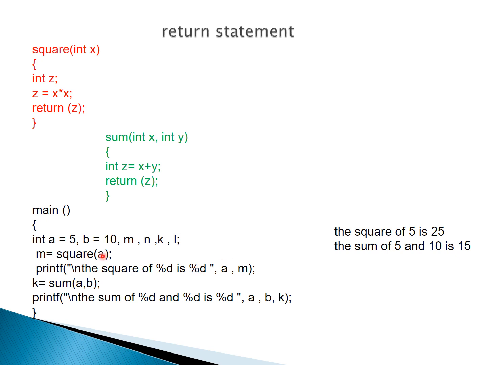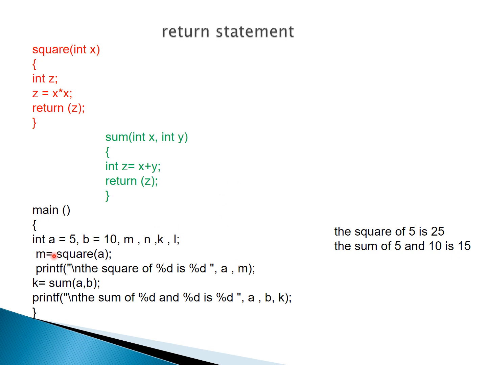You can see that this 5 is sent to the square function, and then the square of 5, which is 25, is calculated here, and it is returned by this return statement, and this 25 is stored on M, and M is printed here. So that's how it works.